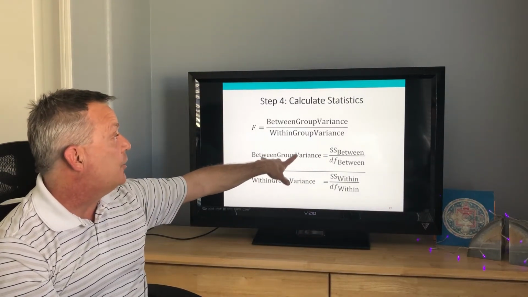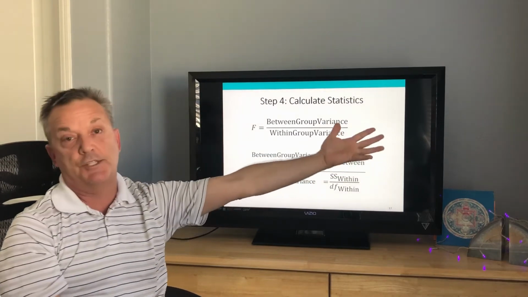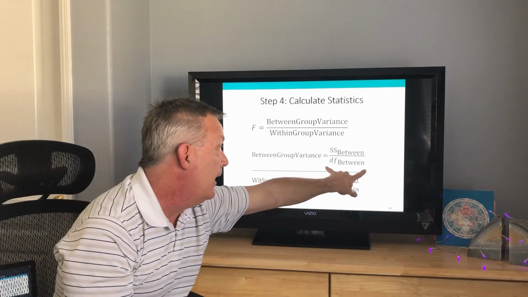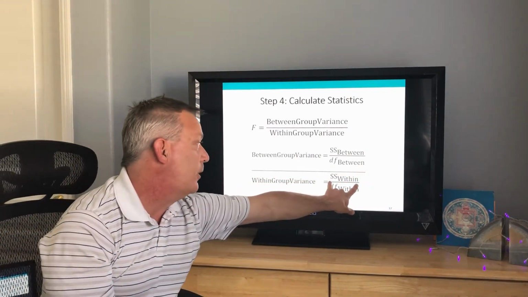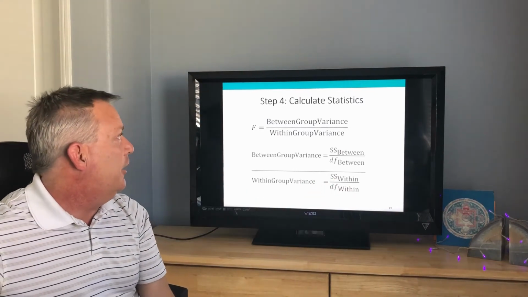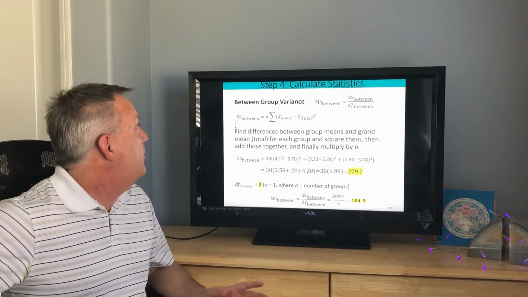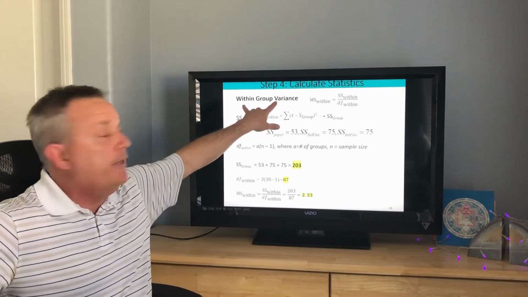Between group variance over within group variance. The between group variance is the sum of squares between, I'll help you figure that out, and the degrees of freedom between, over the within group variance, which is the sum of squares within over the degrees of freedom within. And here we go. So now we're going to find the between group variance, and then we'll find the within group variance.